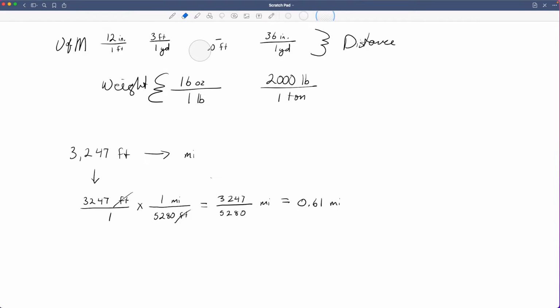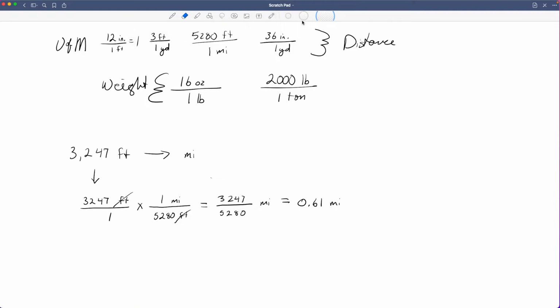If I had written this originally, 5,280 feet over 1 mile, this is still right, because it's not a fraction, it's a reference. It is a ratio. So that ratio tells me that this is equal to this. These equal 1. Right? 12 inches equals 1 foot.